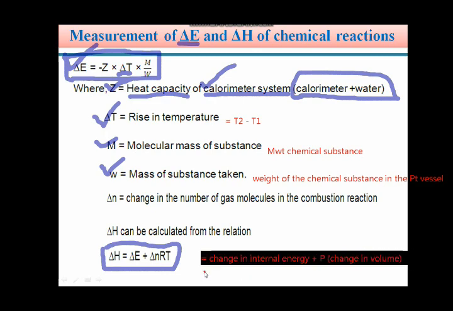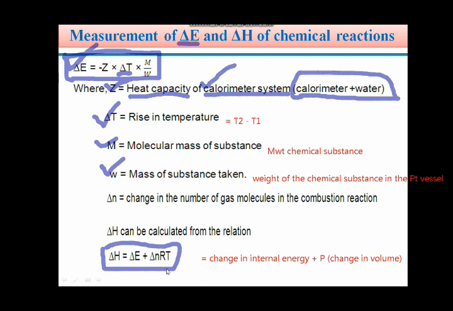With the help of this formula, P into change in volume is nothing but delta nRT, which comes from the ideal gas equation. Students, we know the equation PV equals nRT. By application of this, P into change in volume, P delta V, on simplification gives a new formula: delta H is equal to delta E plus delta nRT. Here P delta V becomes delta nRT.